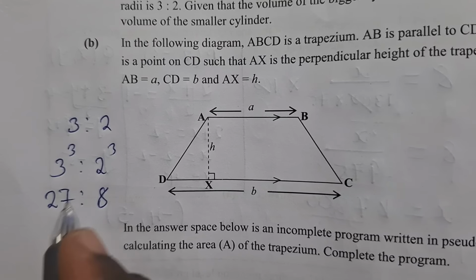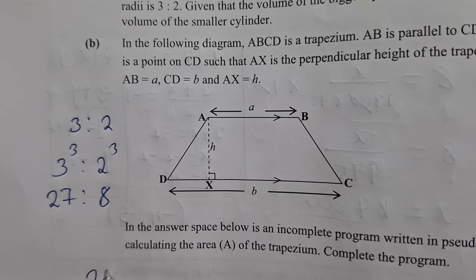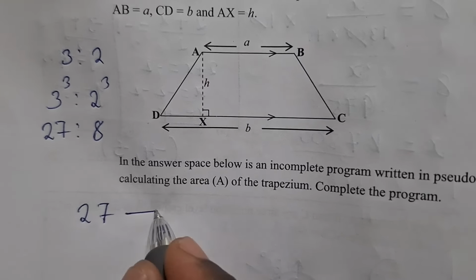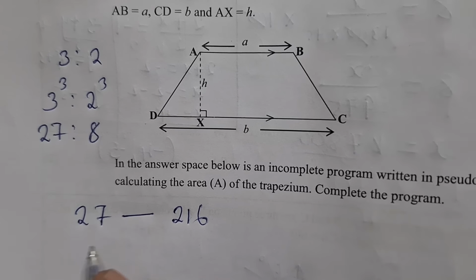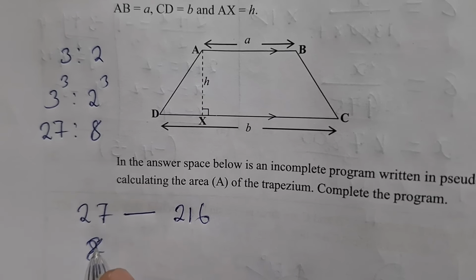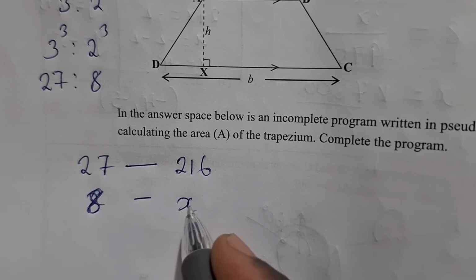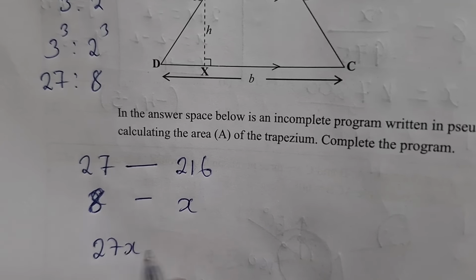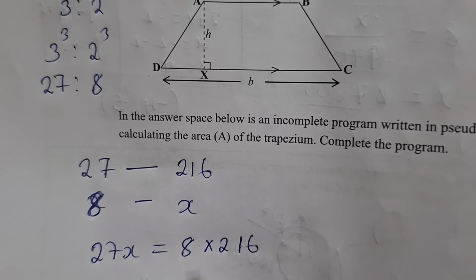Okay. So of course this is a ratio of the bigger. So we shall say 27. It's the ratio of the bigger. Since it's a bigger number, it will move with 216, which is the volume of the bigger one. 8 will move with x. We don't know the value of x. It's the volume of the smaller cylinder. We cross multiply. 27x is equal to 8 times 216.